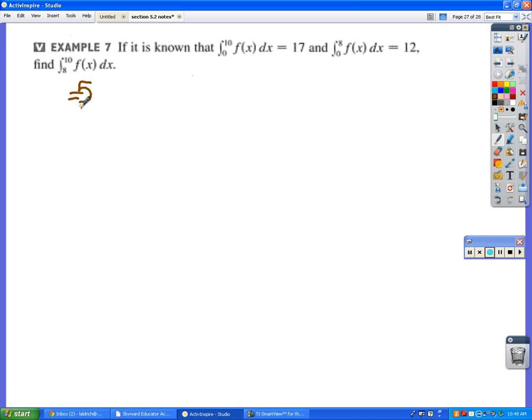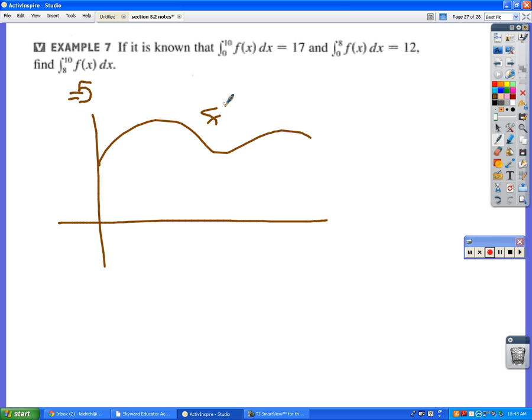You got it? Okay, because if it's going to be 17 all the way from 0 to 10 and it's only 12 from 0 to 8, then there must be 5 left over to make a match. So here's f of x, and here is 10, and this whole area is 17.